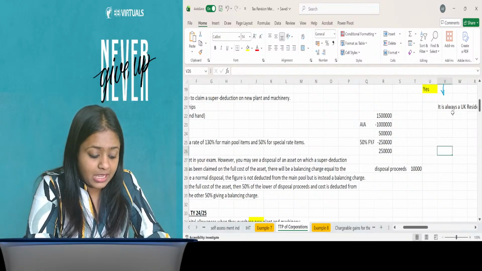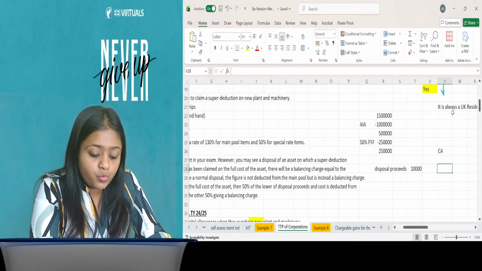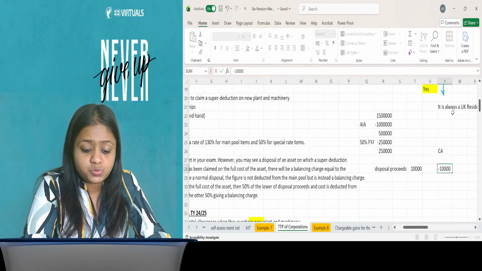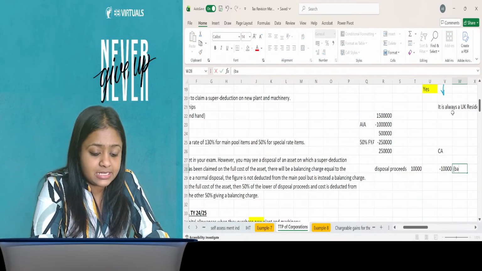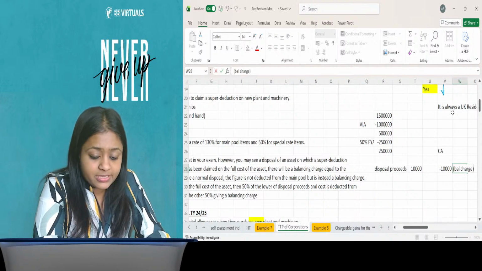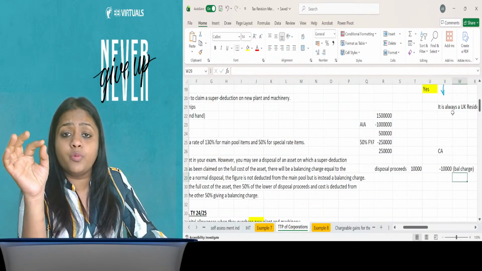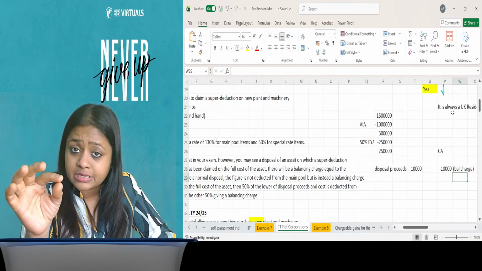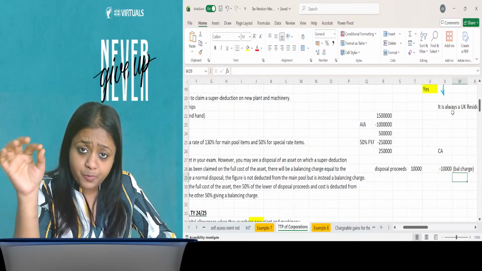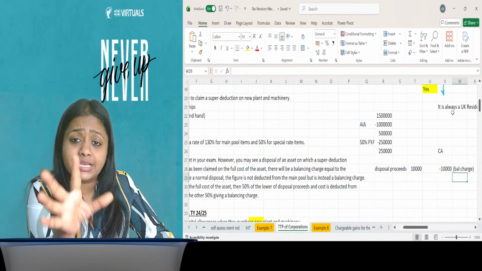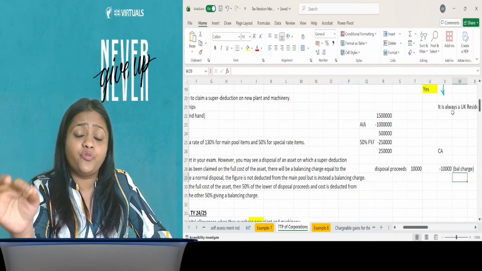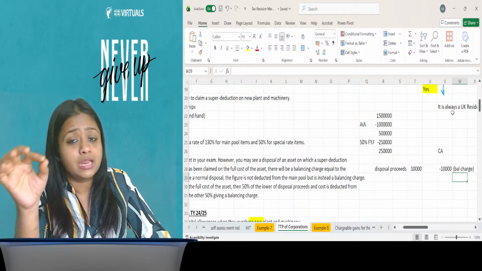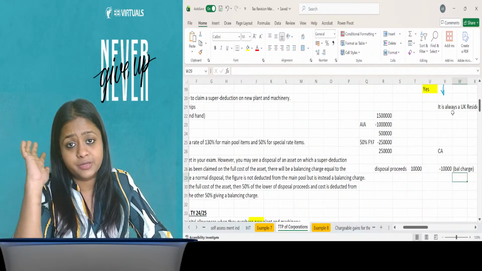So now in the capital allowances column, you will reduce this amount because this will reduce your capital allowance, as we will treat it like a balancing charge. Okay, so I repeat, an asset on which we had claimed super deduction earlier, if it is getting disposed in the current tax year, which is your testing area for the exam, then the 100% value of it will reduce your capital allowance and we will call it a balancing charge.